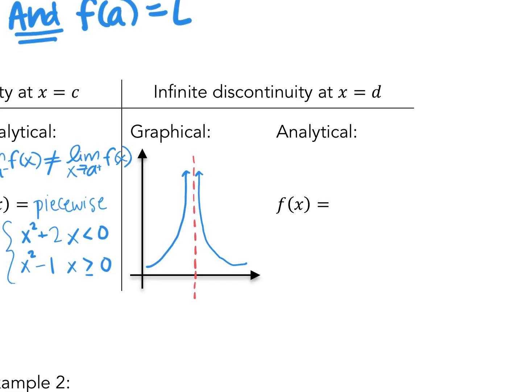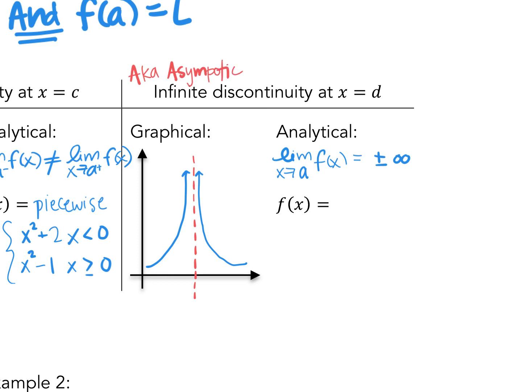The analytical version of that is that the limit from either the left or the right of f of x would be equal to either plus or minus infinity. So if either side equaled infinity of either kind, then you have an asymptotic discontinuity, which is another word for it.